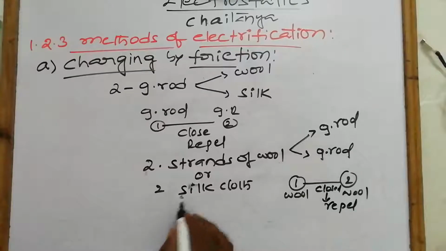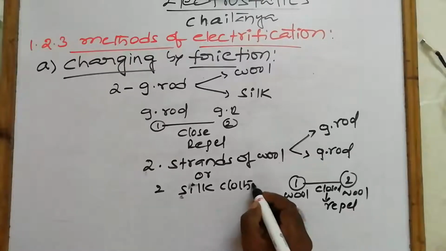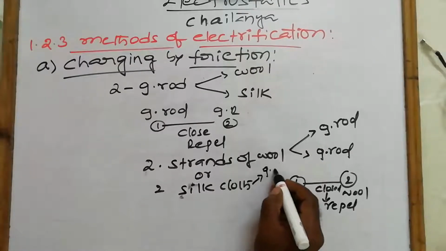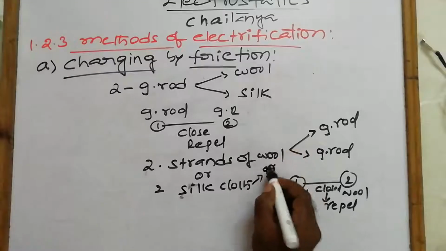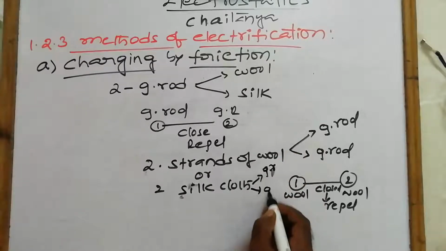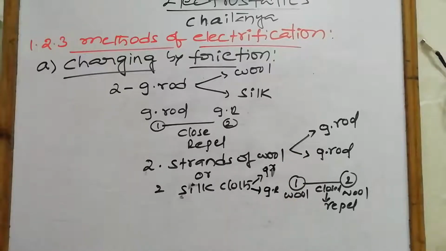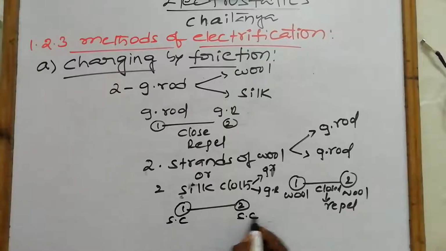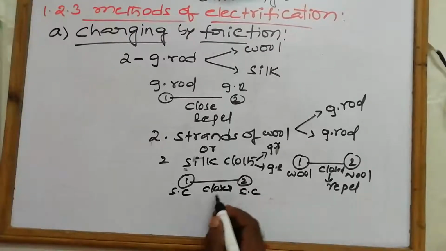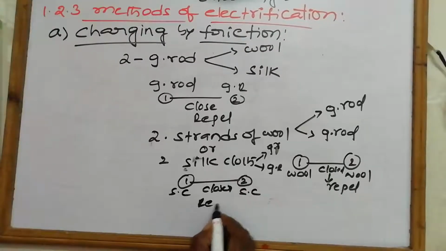Similarly, one silk cloth is rubbed with a glass rod, and another silk cloth is rubbed with a glass rod. This is silk cloth 1 and this is silk cloth 2. If you bring the silk cloths closer to each other, what happens between them?